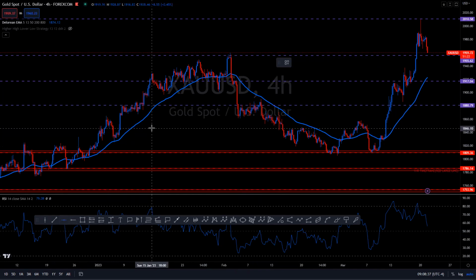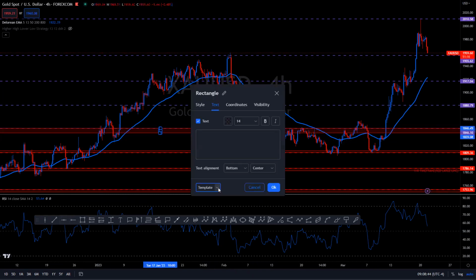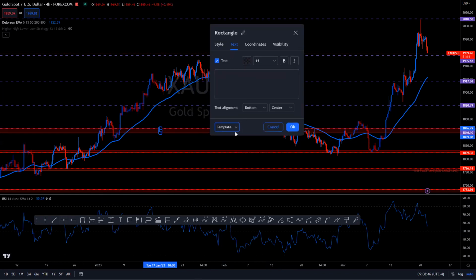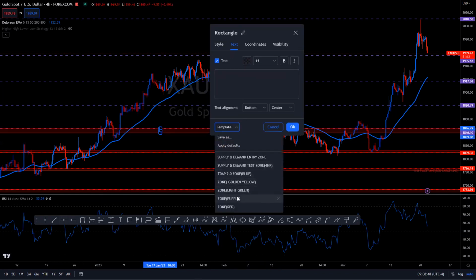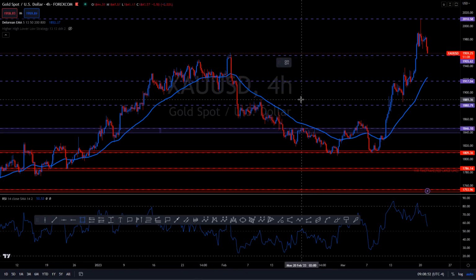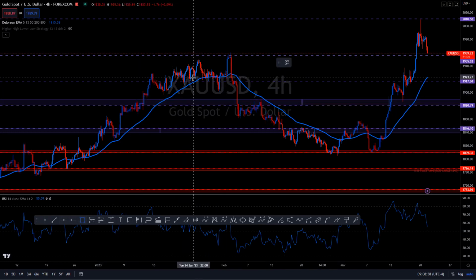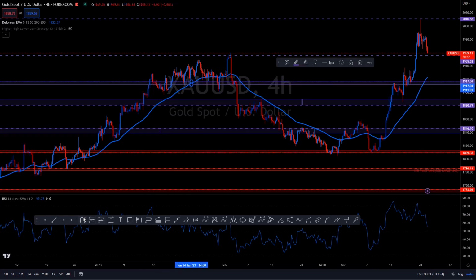Then here was another solid area up here. We're going to mark up these areas here.